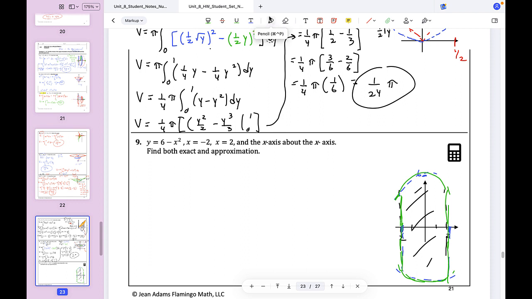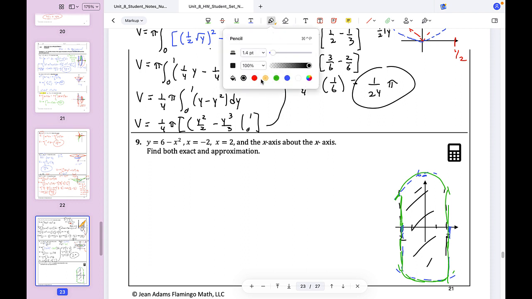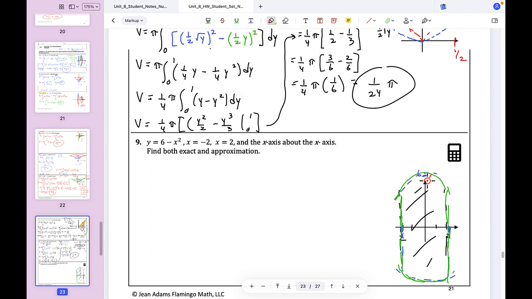And then when it's going around the x-axis, when I make my slice, there's no hole in there, right? This is just a disc coming out of here. So this volume is pi, and the integral, it's revolving around the x-axis, so it's going from here to here, which is -2 to 2.